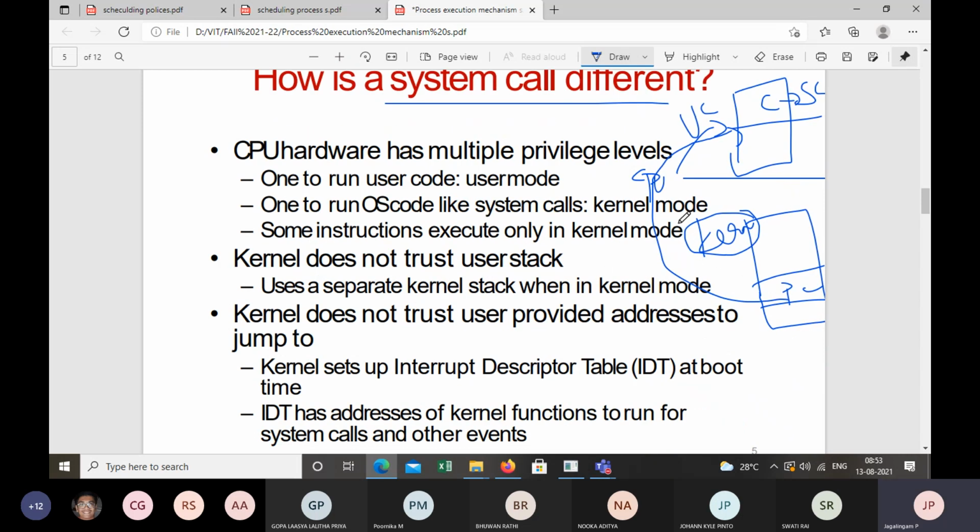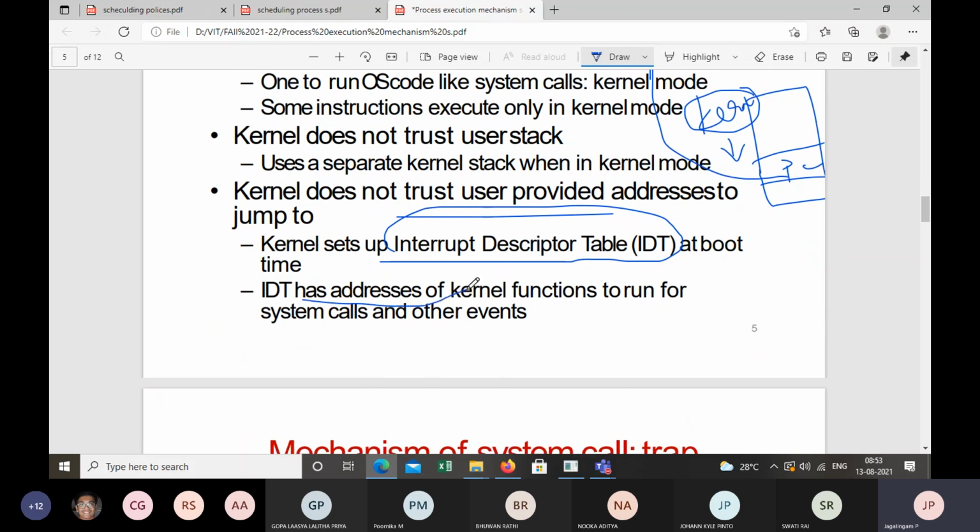When the CPU executes the kernel code, the CPU does not depend on the user to provide the address. Instead, the kernel will have a separate table called the interrupt descriptor table. This table will have all the information, all the addresses. It has the address of all the system calls.